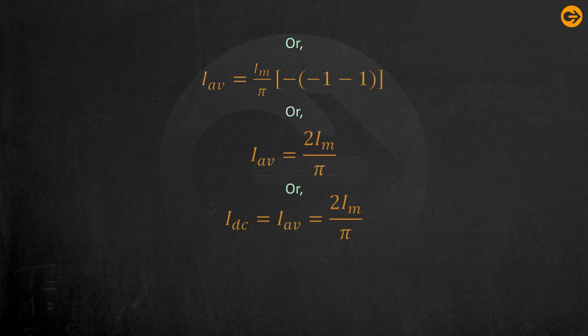PDC is equal to I square DC times RL, which is equal to 2 I square m by pi square, multiplied by RL.